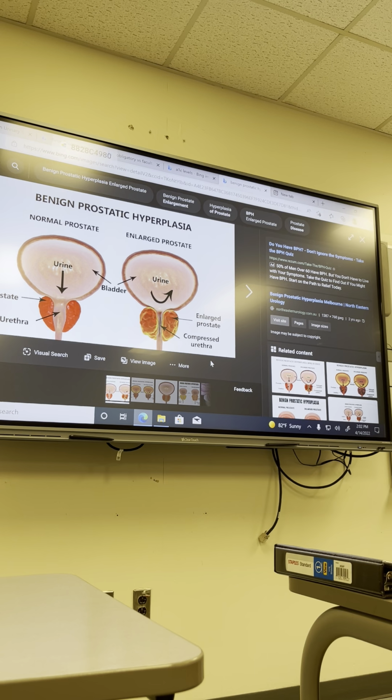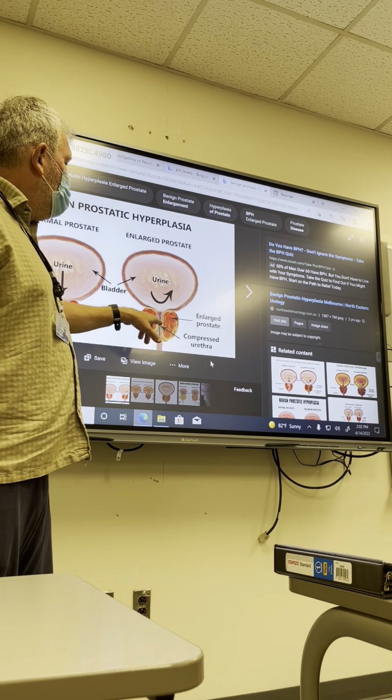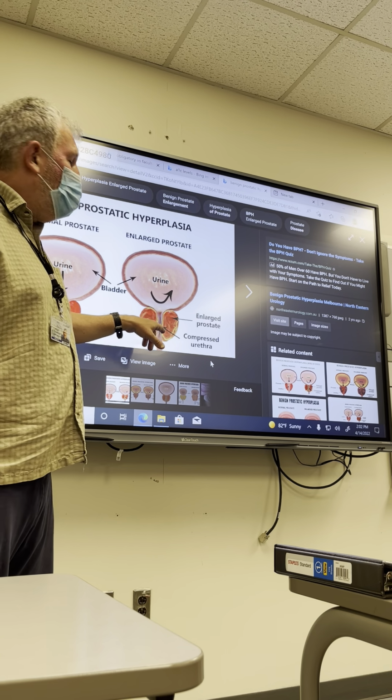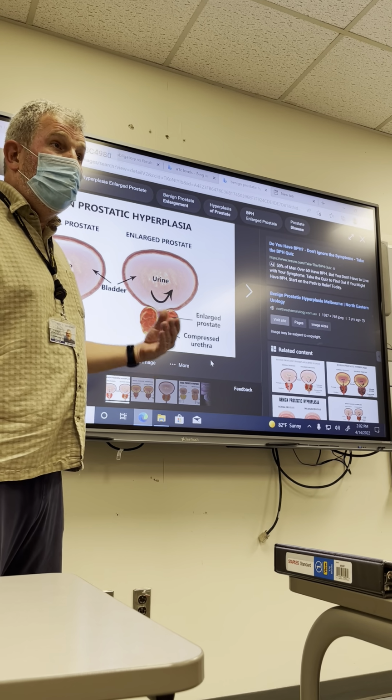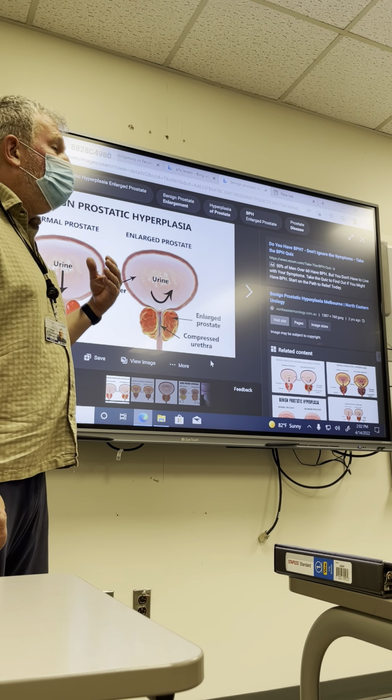And the issue for men, because the prostatic urethra has to go through the prostate, is that it's very common for men to start to develop an enlarged prostate gland. They get into their 50s and beyond, and it starts to grow and enlarge. As it grows and enlarges, it's going to compress the urethra, making the passage of urine very difficult.